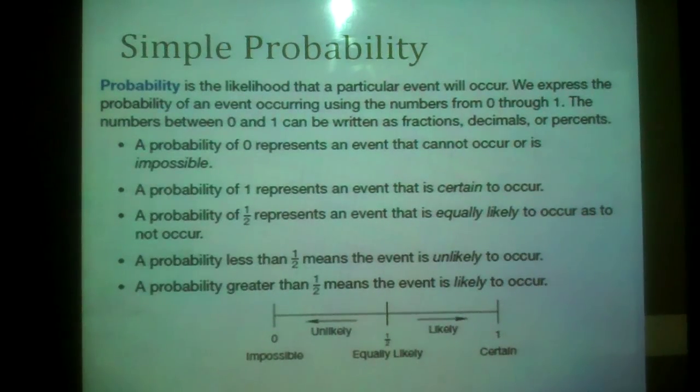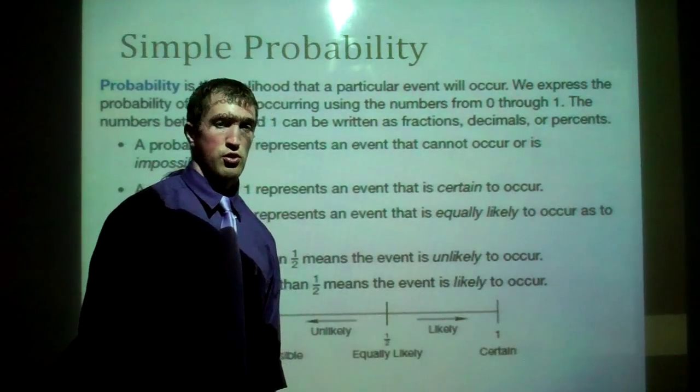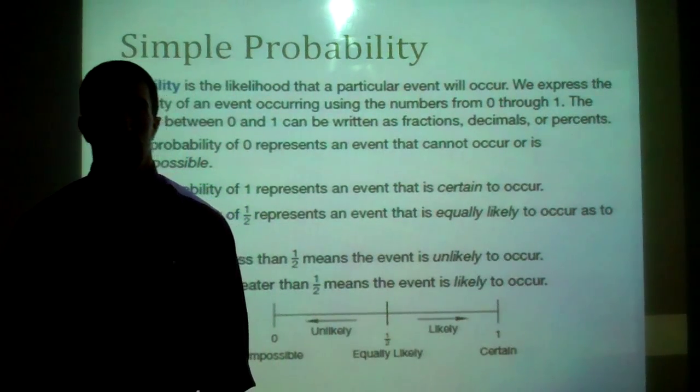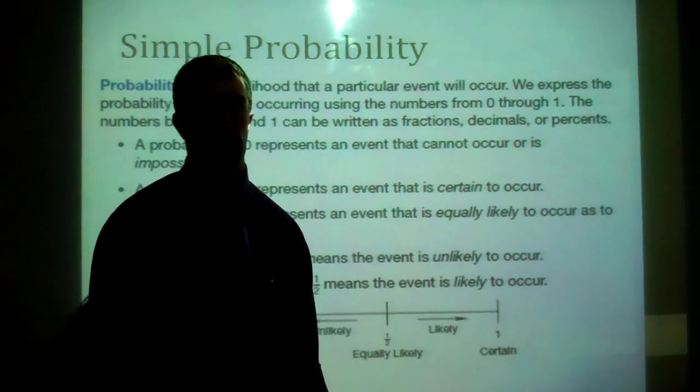Alright, some simple probability. Probability is the likelihood that a particular event will occur. We express this probability of an event occurring using the numbers from 0 through 1. We do that with fractions, decimals, or percents. Now, we haven't quite gotten into all of it yet, but if we just look at 1/2, let's say, 1/2 is 50%, or as a decimal, 0.5.